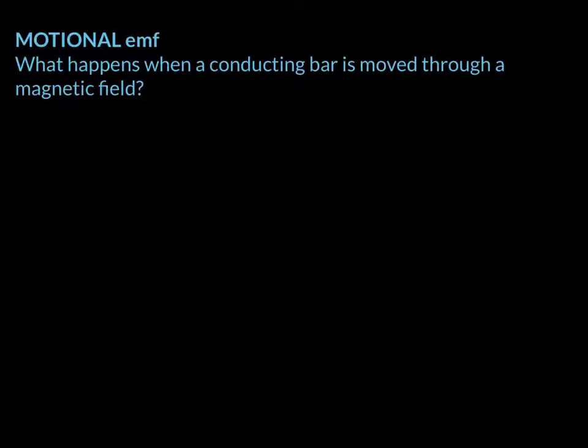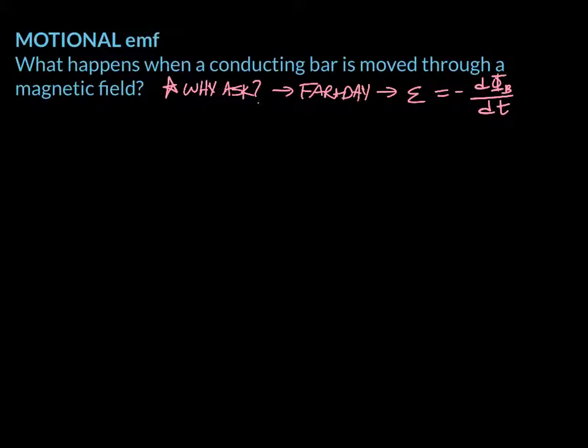And I could say, why ask? And I would just tell you because Faraday said so. Faraday said that a voltage will be induced when you change the magnetic field.